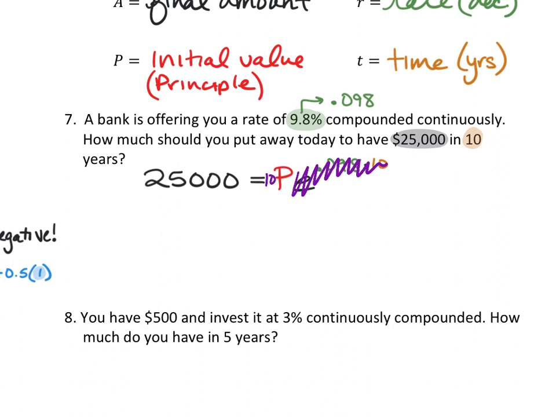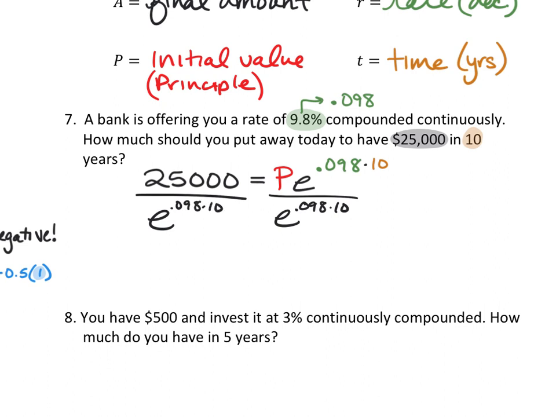Divide. So what are we going to do with all that crazy stuff I just marked out? Divide. Okay, I need to rewrite it, so don't, oh good, it stayed. So we are going to divide by all of that. We say divide by e to the 0.098 times 10, but what I do on one side, I have to do to the other. Looks super weird.